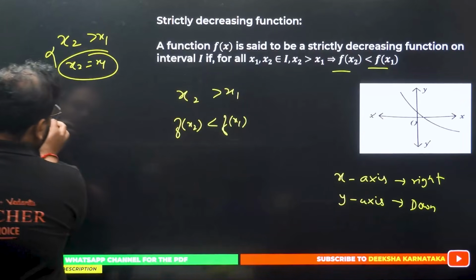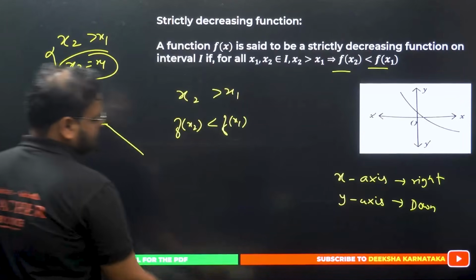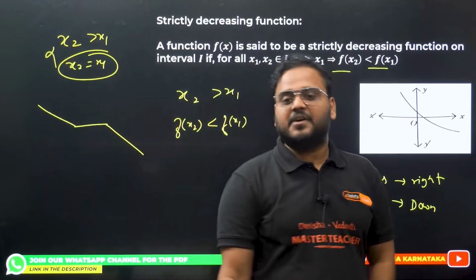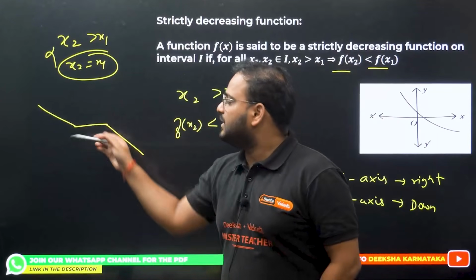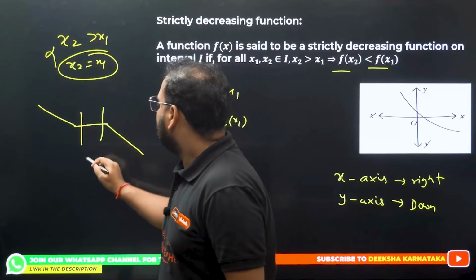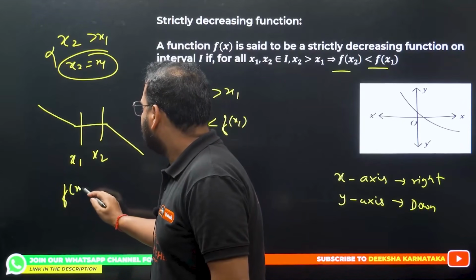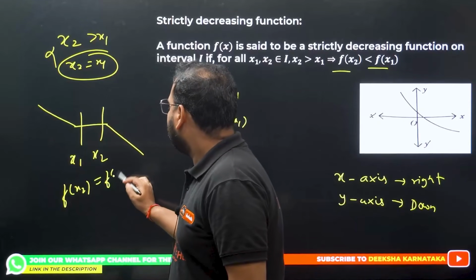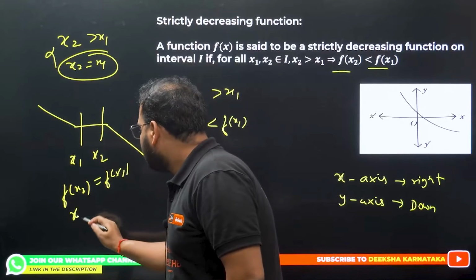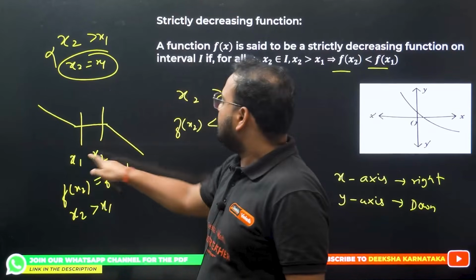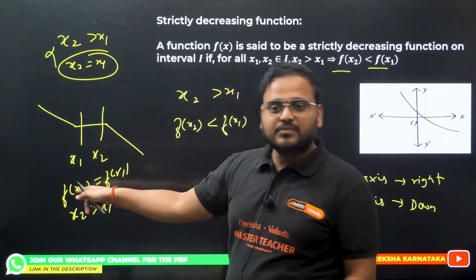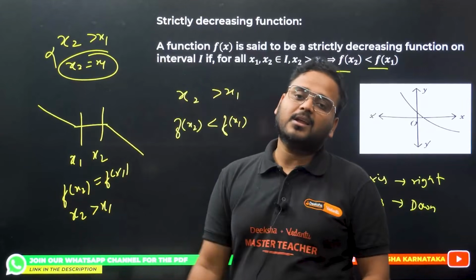There is no flat line in this case. Please check. In the case of a decreasing function, you had a flat line over here. If you check this point, x1 and x2, what happened here? f of x2 is equal to f of x1, even though x2 is more than x1. So for those two, x2 is more than x1, but f of x2 and f of x1 are equal.